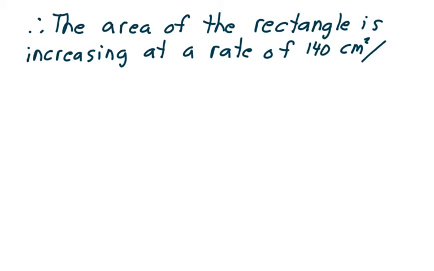And the units of time in this problem is seconds. So it's 140 square centimeters per second. And that's how you do example 2, and that'll conclude this video for section 3.9. It's on related rates, and we did 2 additional examples. All right, thank you.